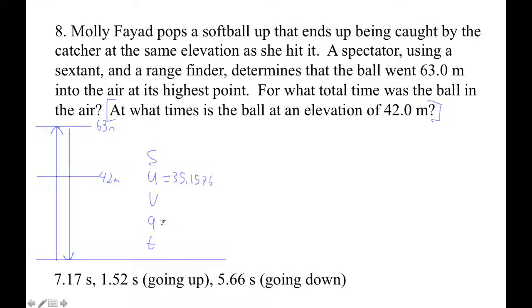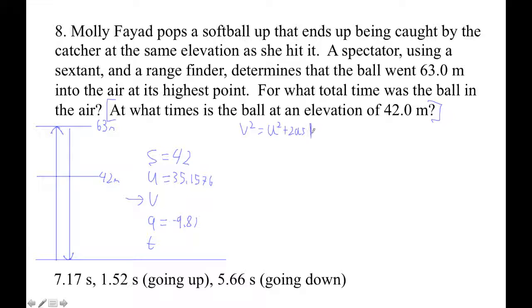Okay, and then I'm going to say that a is negative 9.81, that our displacement is 42. And now my strategy will be to solve for this guy, v. So let's do that first. v squared is u squared plus 2as.